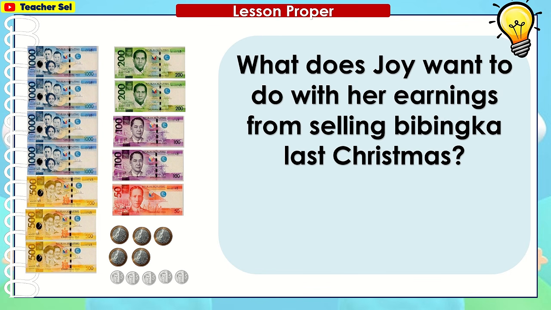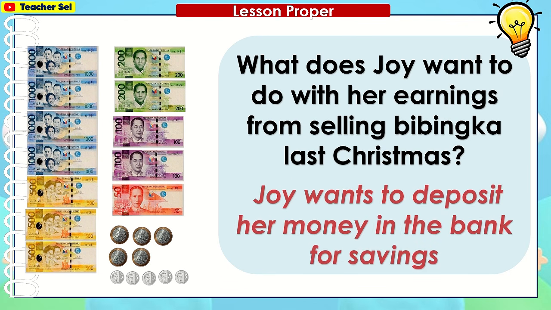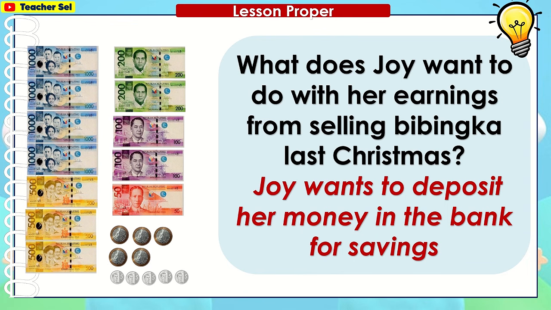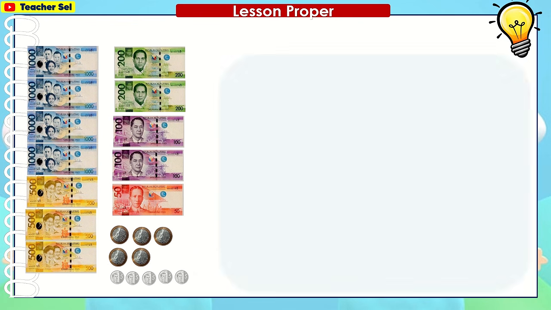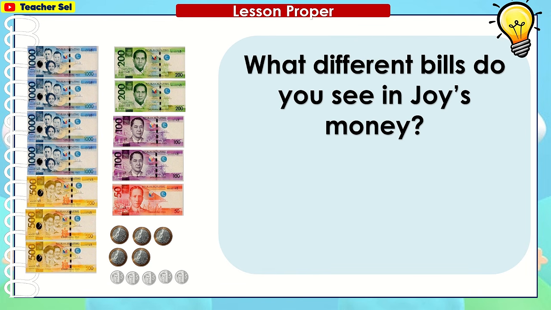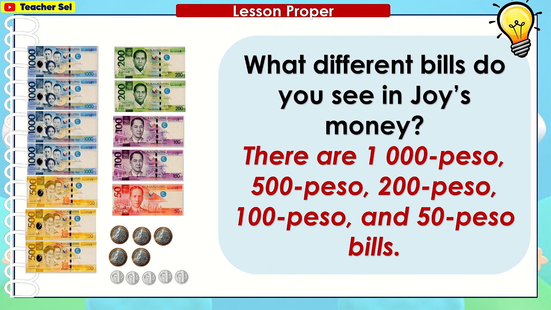What does Joy want to do with her earnings from selling bibingka last Christmas? Joy wants to deposit her money in the bank for savings. What different bills do you see in Joy's money? There are 1,000 peso, 500 peso, 200 peso, 100 peso, and 50 peso bills.